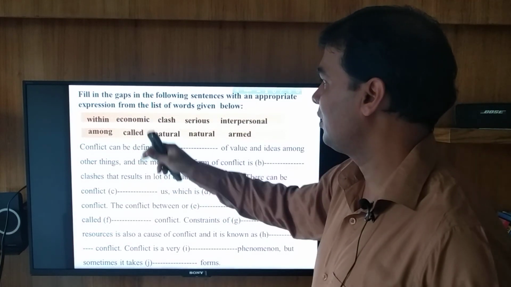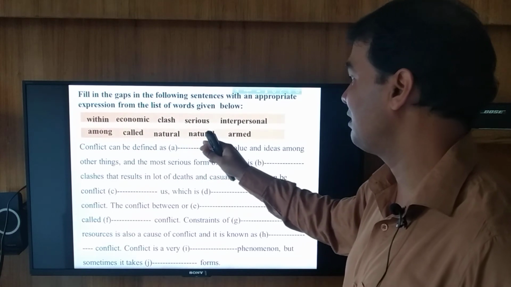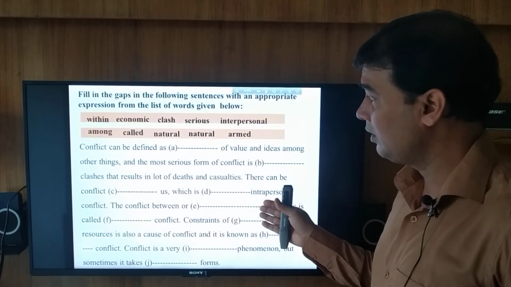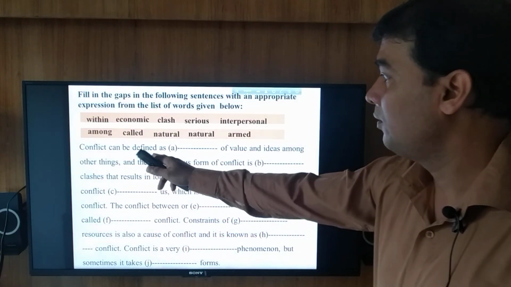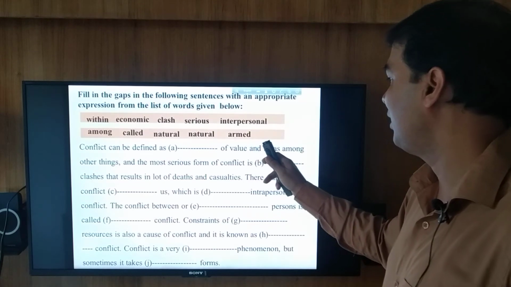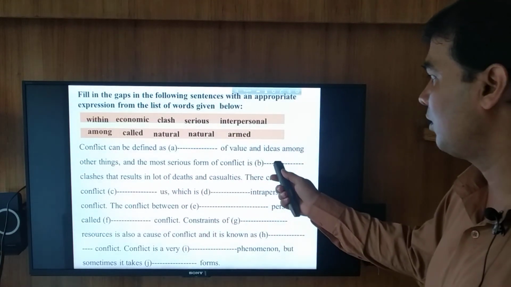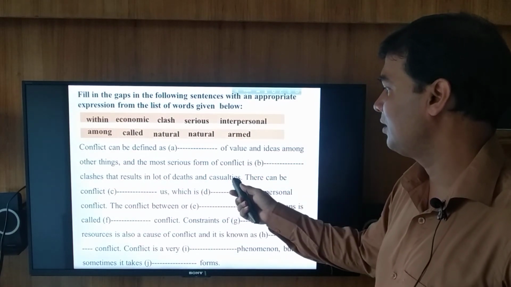These are within, economic, clash, serious, interpersonal, among, called, natural, and earned. Now we will see how to fill the gap with the appropriate word. Conflict can be defined as dash of values and ideas among other things, and the most serious form of conflict is dash clash that results in a lot of deaths and casualties.